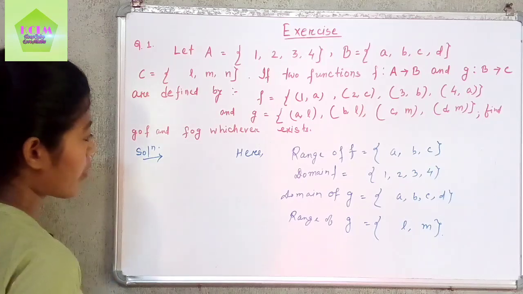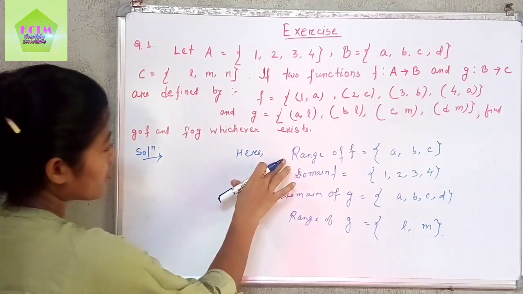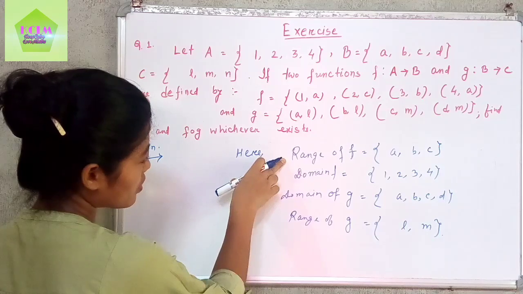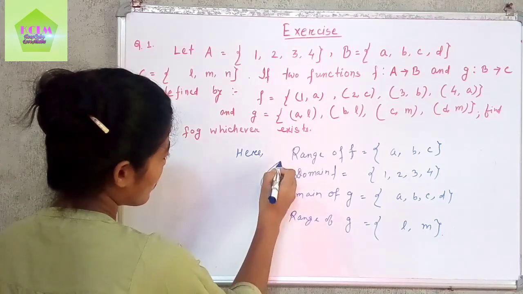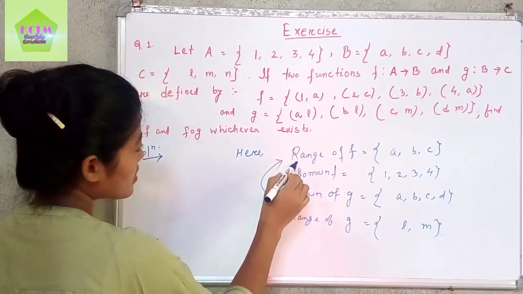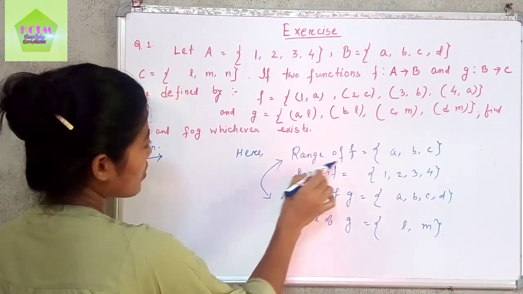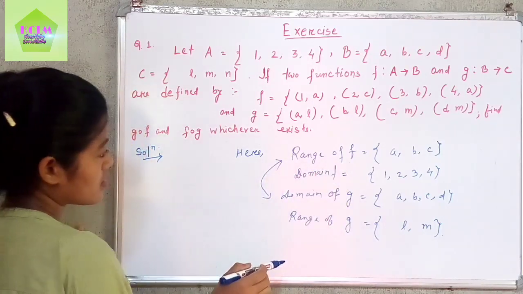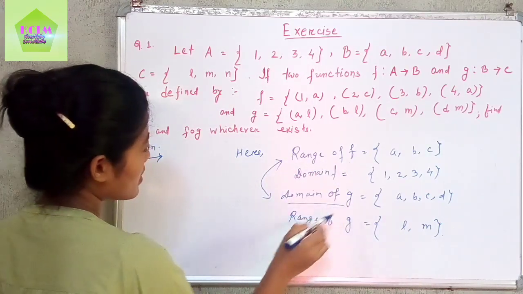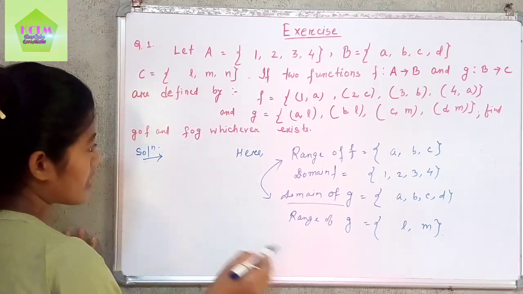So, when the range of f is a subset of the domain of g, then we get g∘f exists.